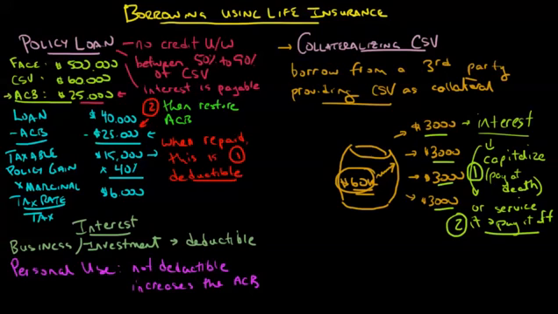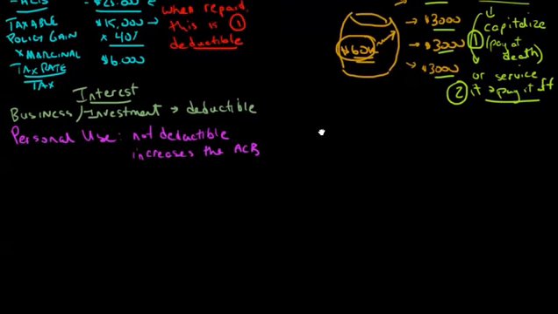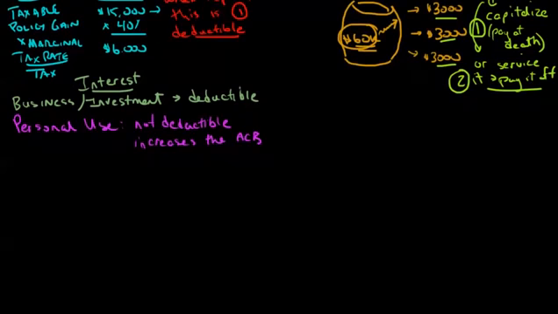Now, there's one more little bit that we have to look at here with respect to borrowing using life insurance. So I'm just going to slide the screen up here, and we're going to have a look at what happens when we borrow.